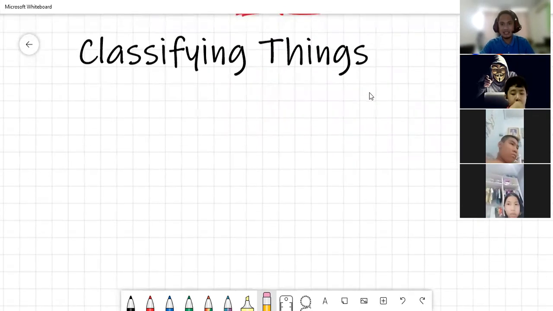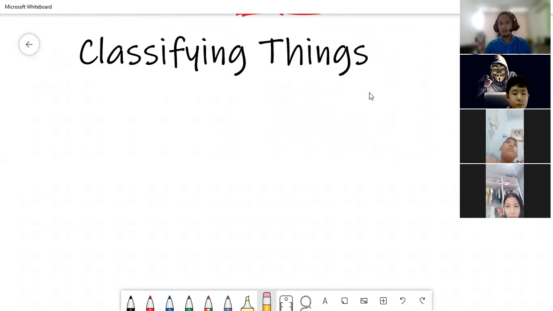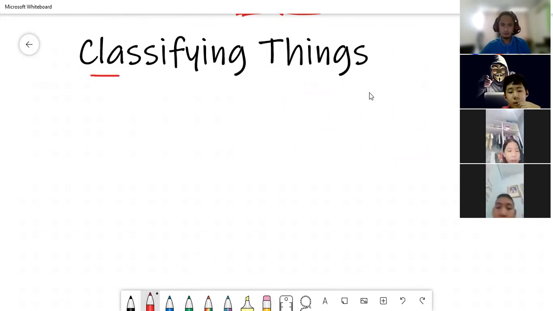How can we classify? What is classify? It's like when we have rubber or plastic, we classify them into plastic and rubber. Let's ask Google. Google, help us. What do you mean by classify in Thai?